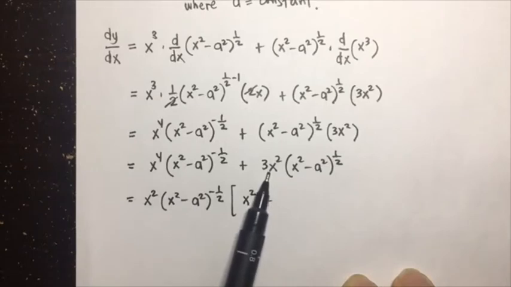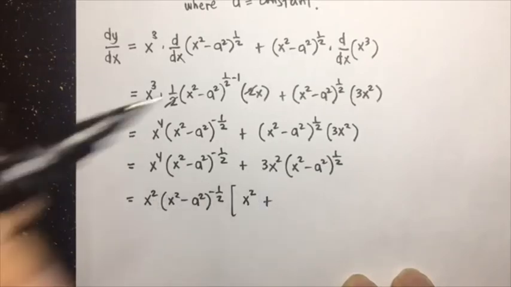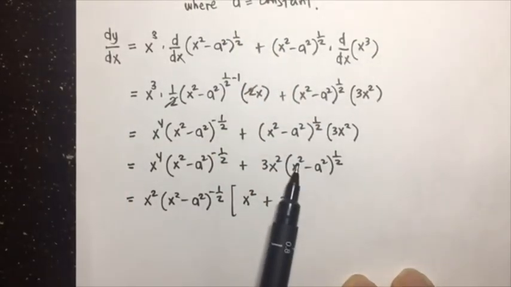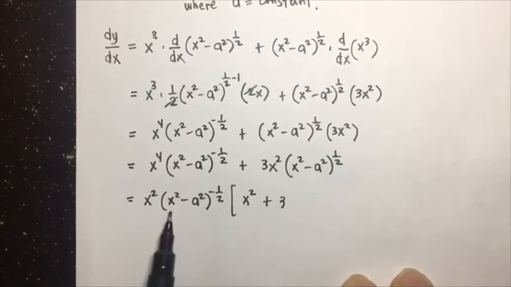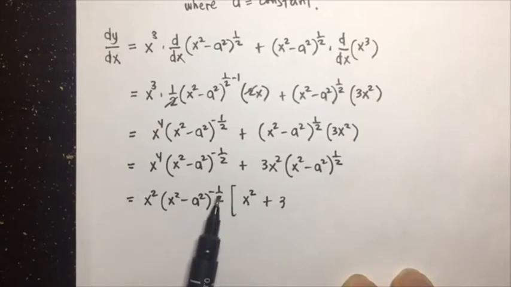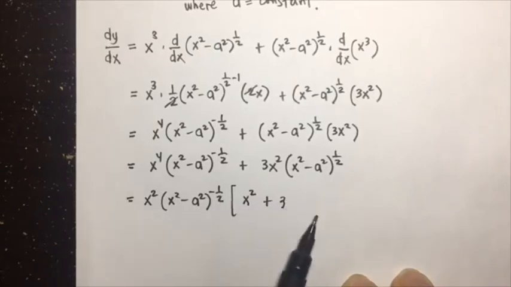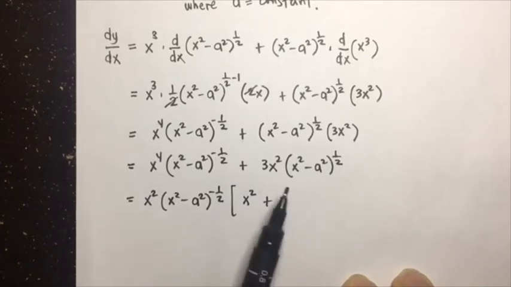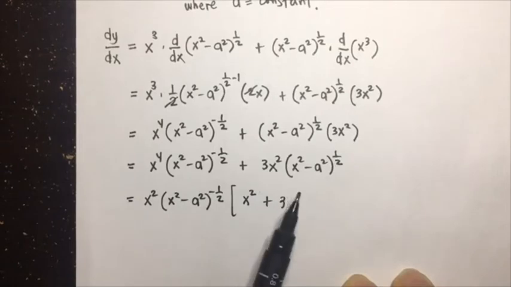We can cancel out x squared, so what will remain for the numerical coefficient is 3, and then x squared minus a squared raised to 1 half divided by x squared minus a squared raised to negative 1 half. That will become x squared minus a squared raised to 1 half minus negative 1 half. So 1 half minus negative 1 half is equal to 1 half plus 1 half. Therefore, it's x squared minus a squared raised to 1.